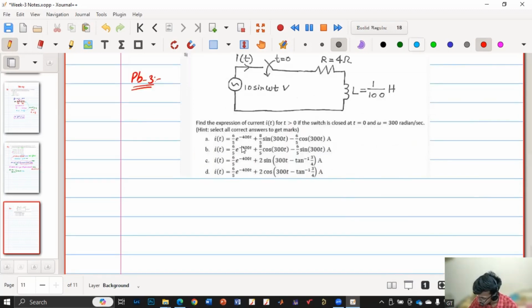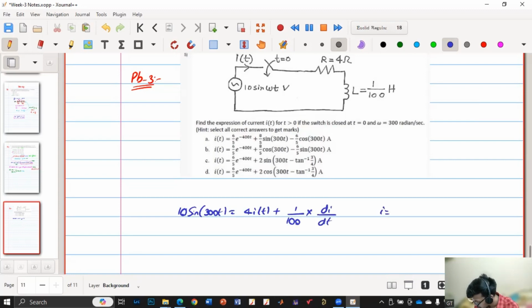In terms of voltages, can you say input voltage is equal to the summation of resistor voltage as well as inductor voltage? Yes, so 10 sine omega t is equal to 4 times i plus 1 by 100 into di by dt.